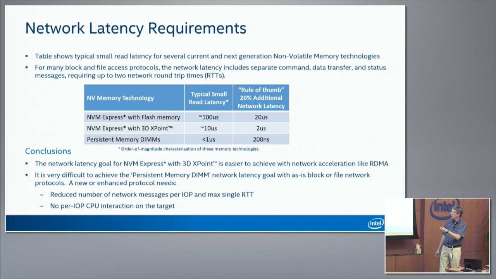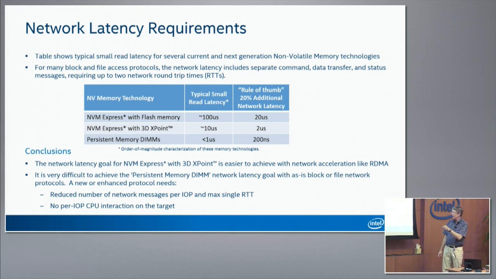And then I'm introducing a rule of thumb that comes from my interactions with customers. They like to try to get to where their network latency is around 20% of what the media latency would be. Now, if you look at this, it's a little bit tongue-in-cheek, because we're in a realm here with NVM Express with flash memory where 20 mics is feasible, right?